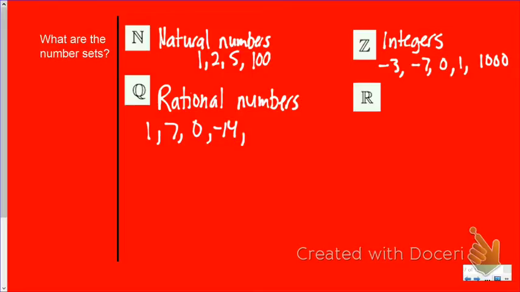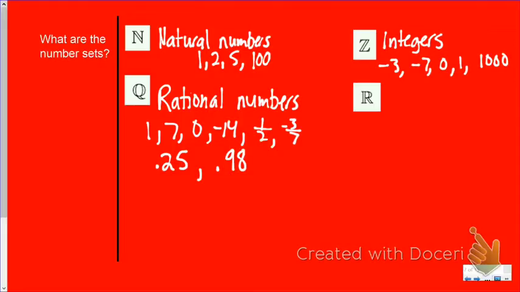This also includes fractions, like 1/2 and negative 3/7. It also includes decimals as long as they can be written as a fraction, like 0.25, because that's the same thing as 1 over 4, or 0.98, which could be 98 over 100. So there are lots of different options for rational numbers.